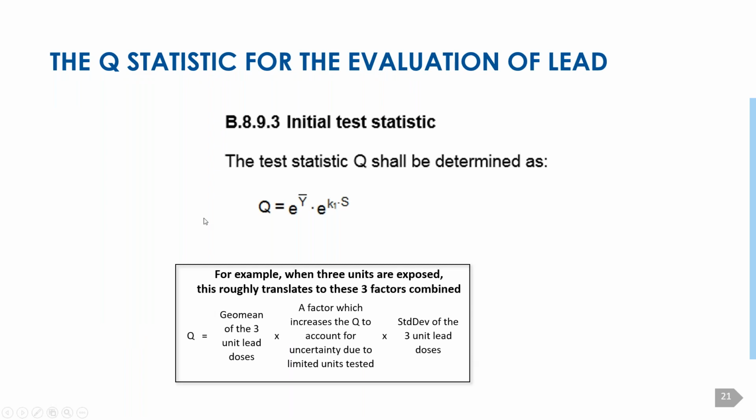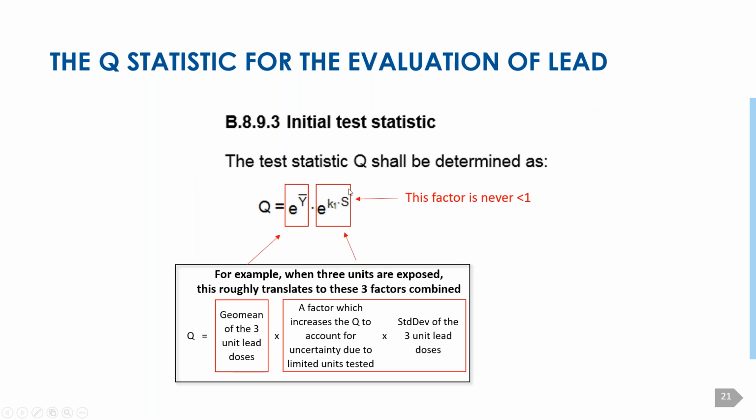So this equation is the actual equation for the Q statistic, and you can just break it down into the 3 main parts that I mentioned. So this portion of the Q factor is the geometric mean of the 3-unit lead doses. And then this factor accounts for both the standard deviation between the 3 units, as well as a factor that accounts for that uncertainty due to limited sample size.